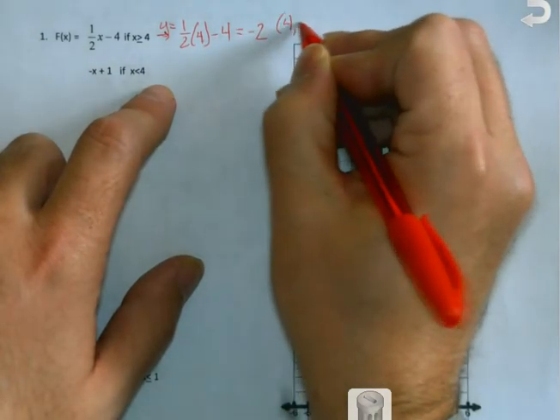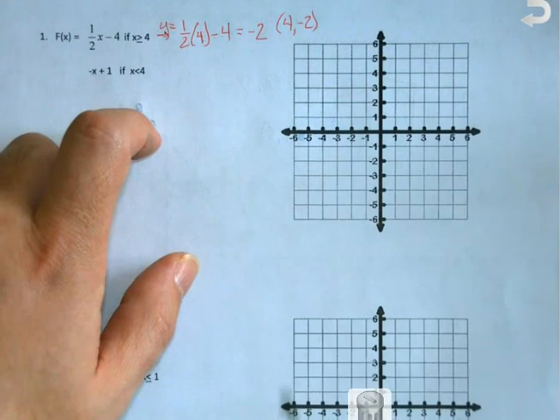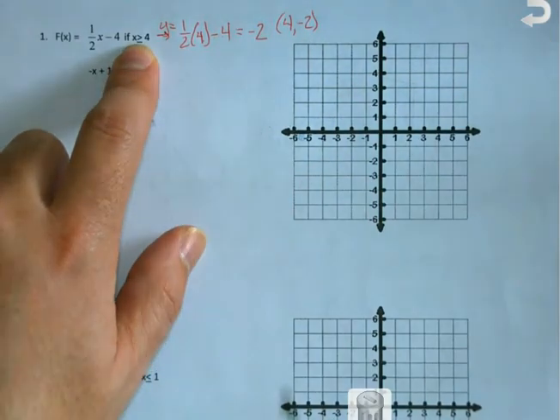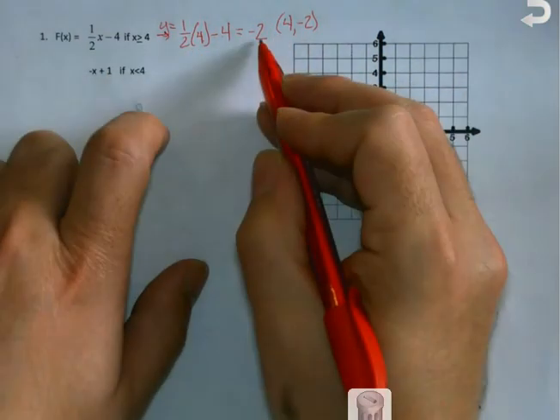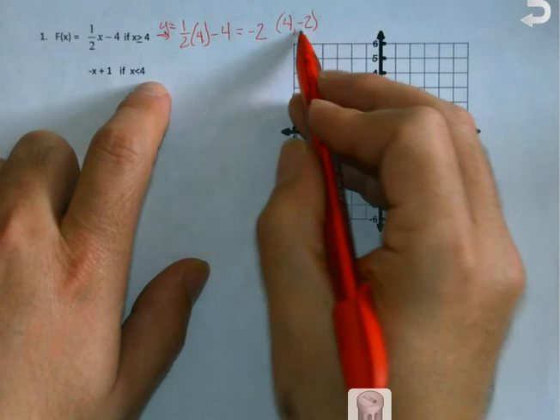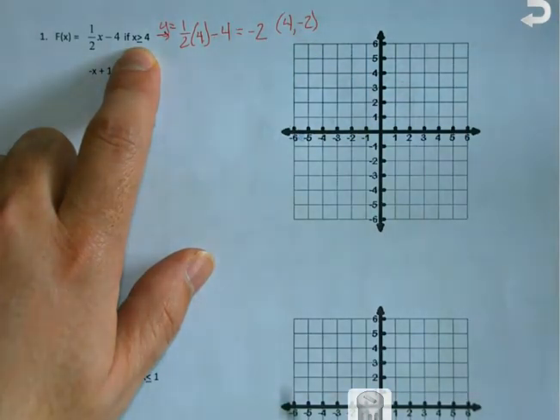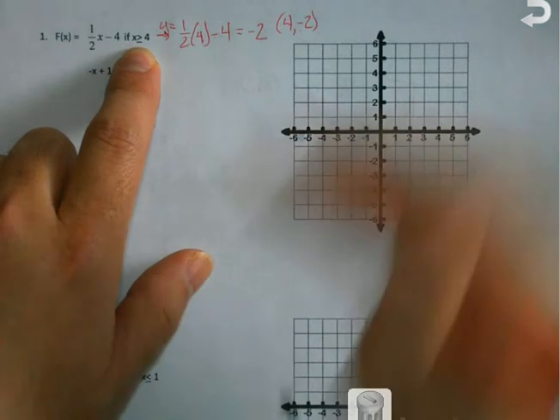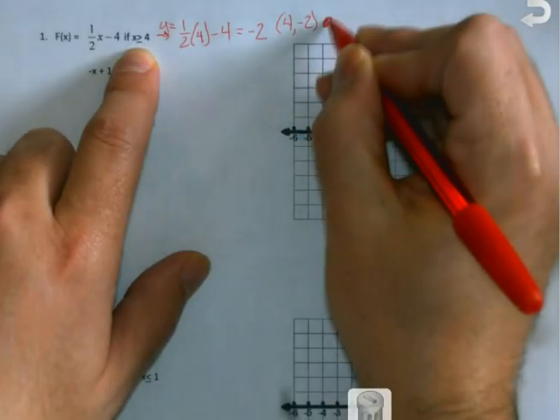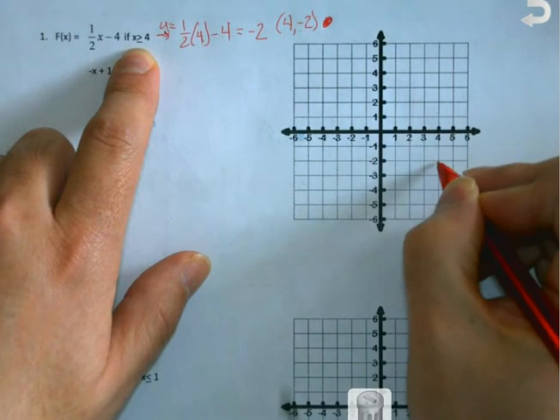So I have a point at 4, my x value that I plugged in, negative 2, the y value I got out. Is my dot at 4, negative 2 going to be open or closed? With the little line underneath, closed. Okay? So 4, negative 2, closed.